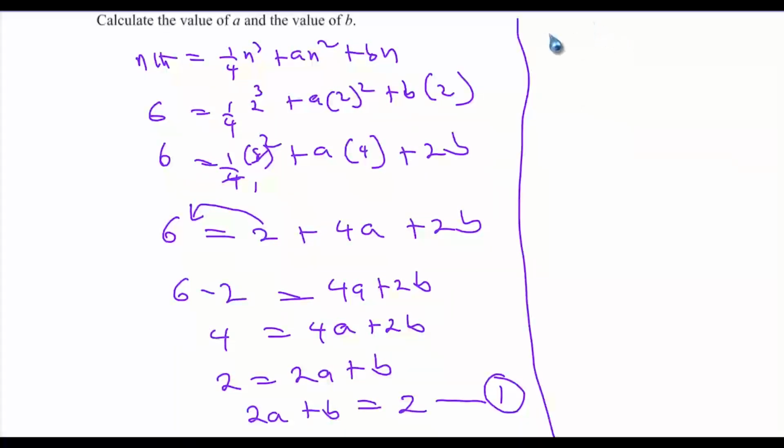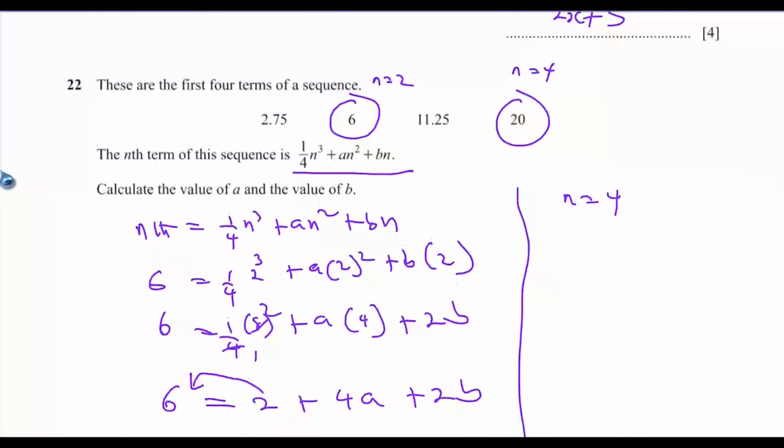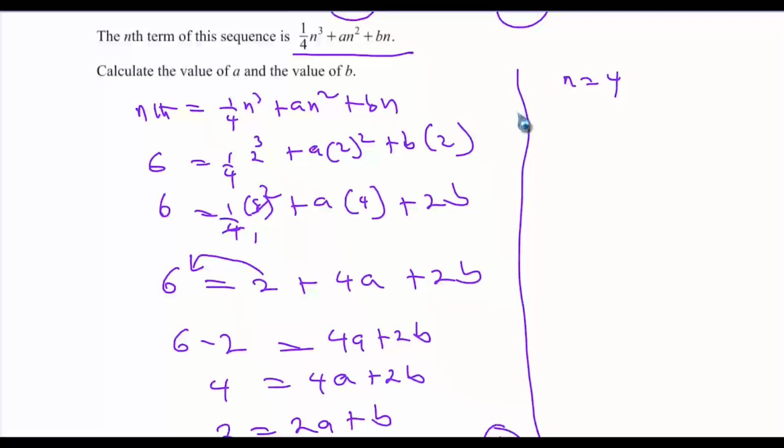So here we have the nth term to be this, and then the value of n is equal to 4. So let's plug in the values. We already know that when n is equal to 4, the term will be 20. So we can say 20 equals 1 out of 4 into 4 to the power of 3, then plus a into 4 to the power of 2 plus b into 4.